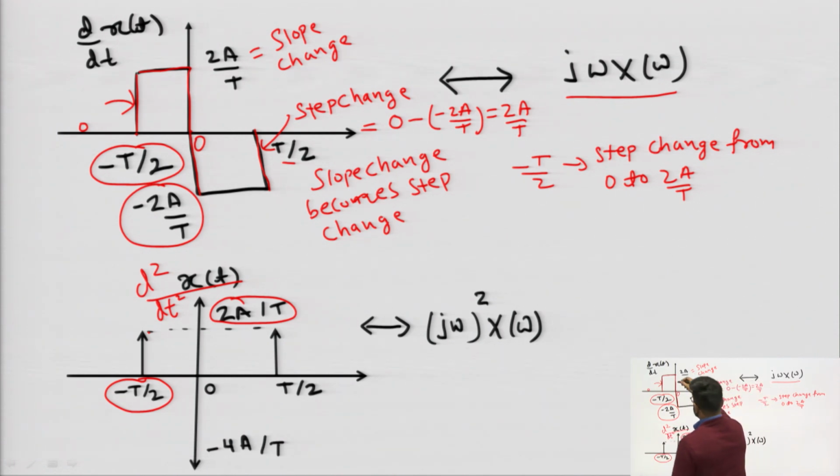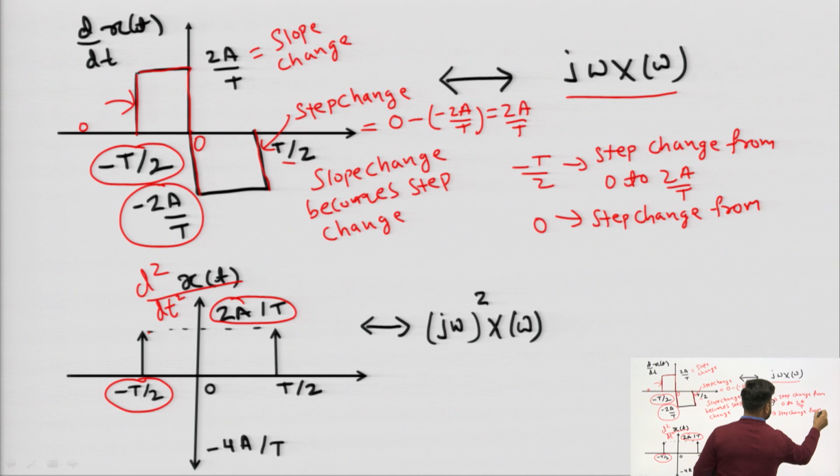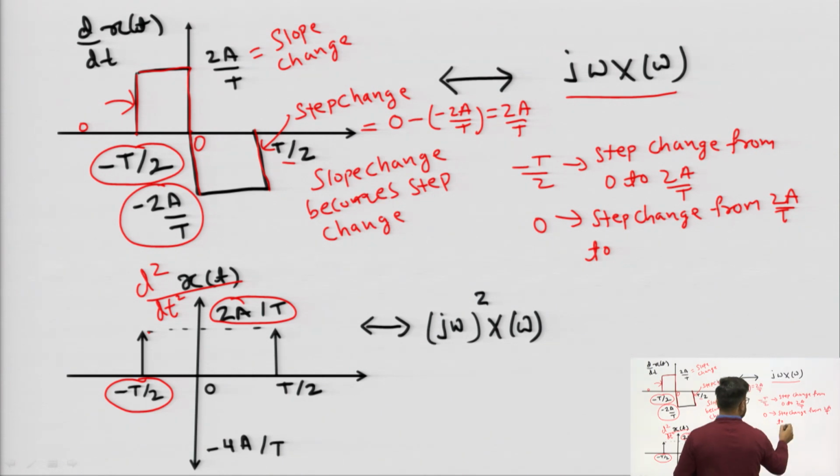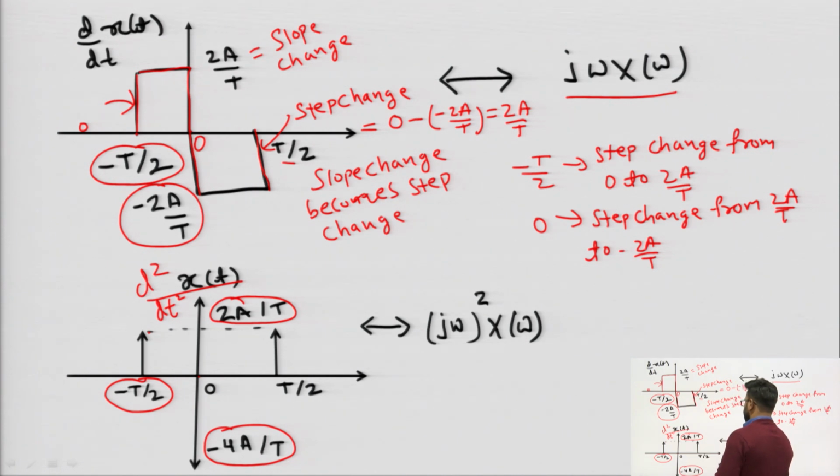Now, next step change is at 0. At 0 step change from 2a by t to minus 2a by t. So, total step change is minus 4a by t. So, at 0 we will have an impulse of minus 4a by t.